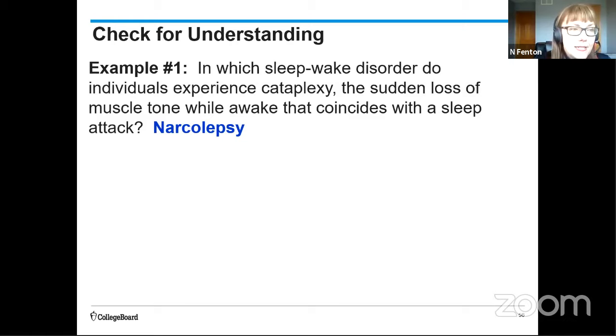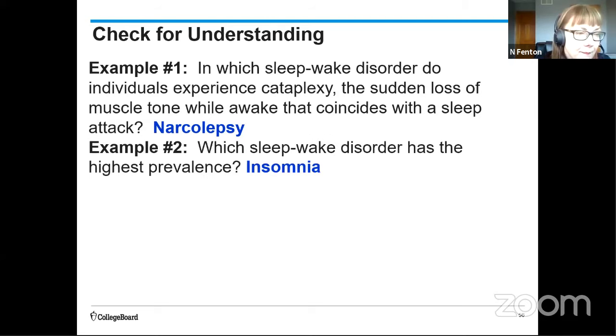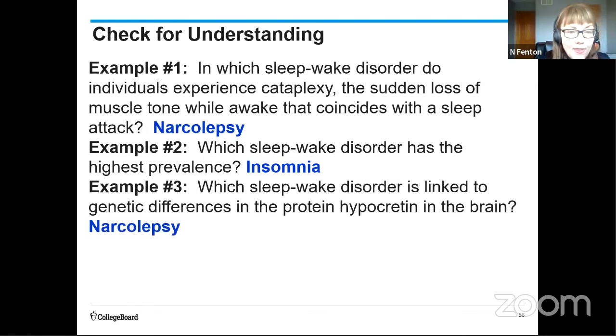Individuals with narcolepsy potentially experience cataplexy, a sudden loss of muscle tone while awake that coincides with sleep attacks, which are hallmarks of narcolepsy. The highest prevalence, the most common, is insomnia, a persistent inability to either fall asleep or stay asleep. With three, another example of narcolepsy, the gene for narcolepsy seems to be related to differences in this protein.